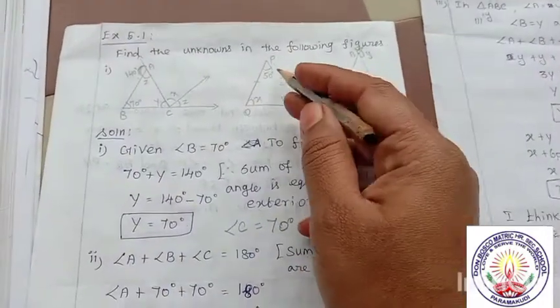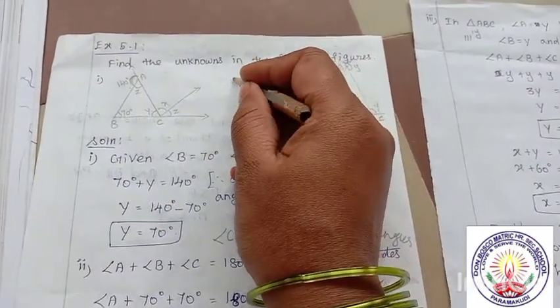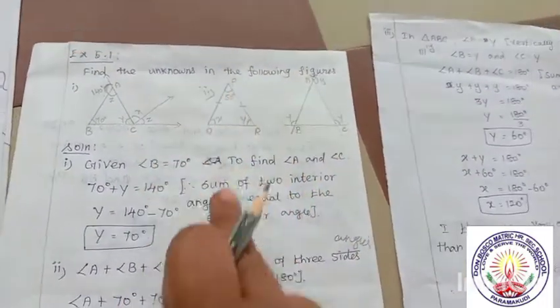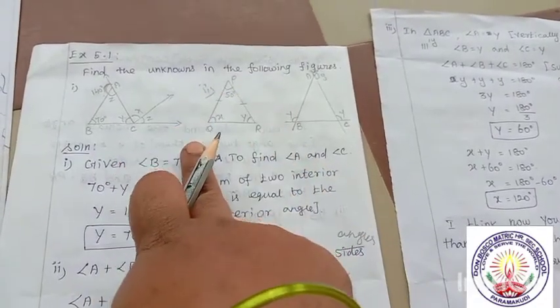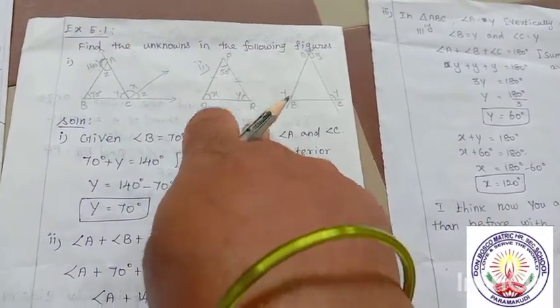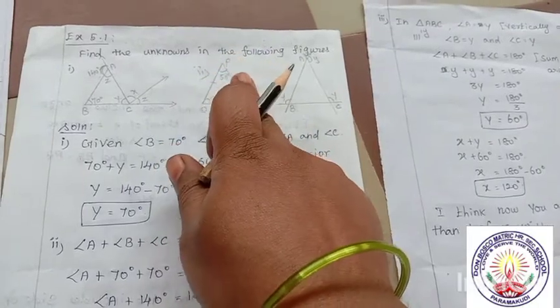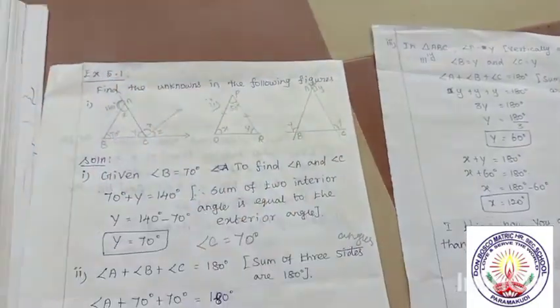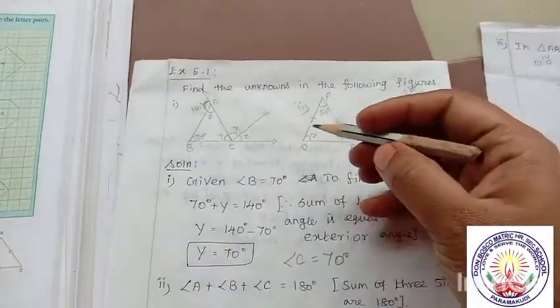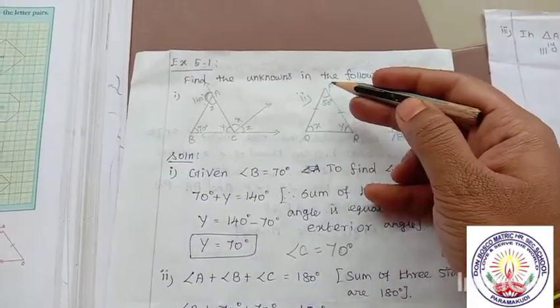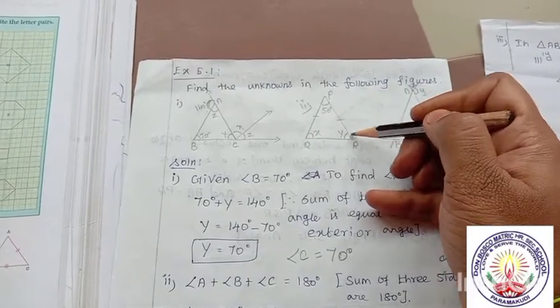Okay, next, second sum. Angle BQR. Angle B is equal to 50 degree. Next, angle BQ and angle B are also the same.